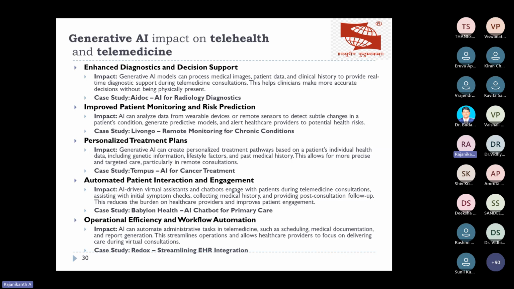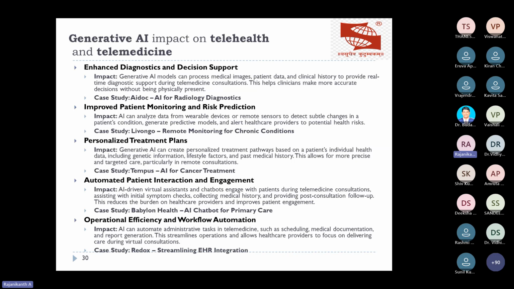So with generative AI, what we get is enhanced diagnostics and decision support. So how do we get it? When we reach out to a doctor and when we are suffering, we go for a diagnostic, and the diagnostics will give certain images. From the images, the generative AI model will learn the symptoms and will tell us the kind of suffering that we have, right? It learns from the images.